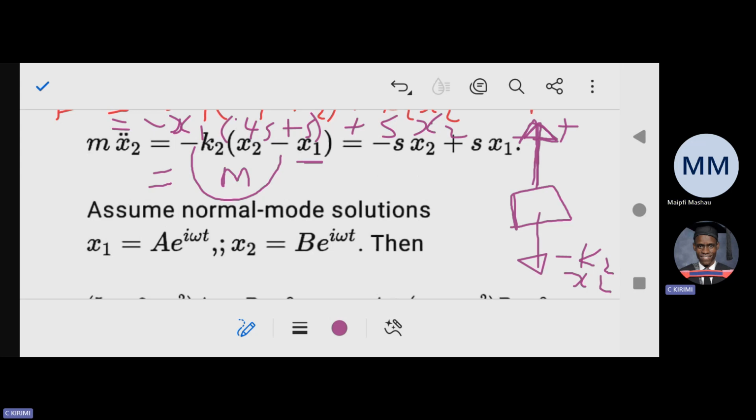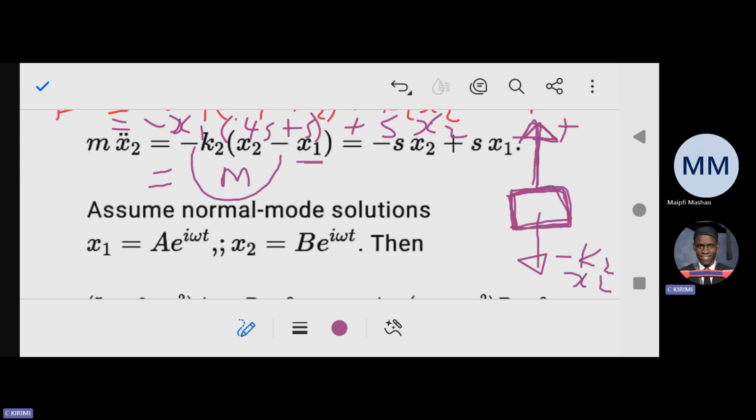On this mass block, we are not going to use any K1, on the last block which is hanging alone, because it doesn't affect the movement. There's nothing dragging down. So we are not going to include K1.